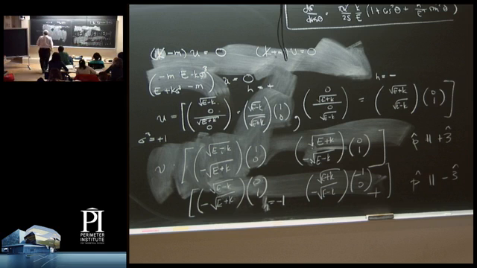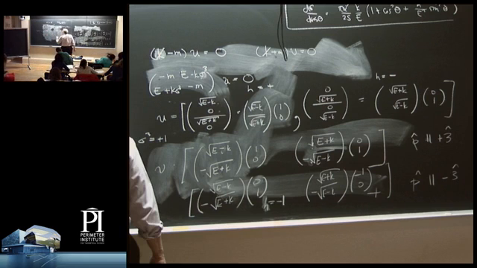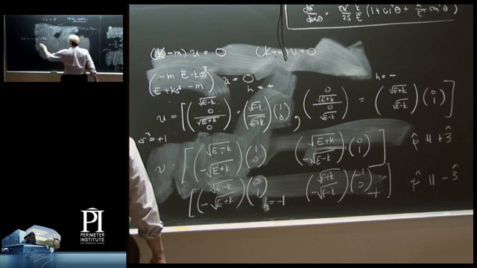So u bar gamma mu v is u dagger gamma 0, and then it'll be sigma mu, sigma bar mu v.